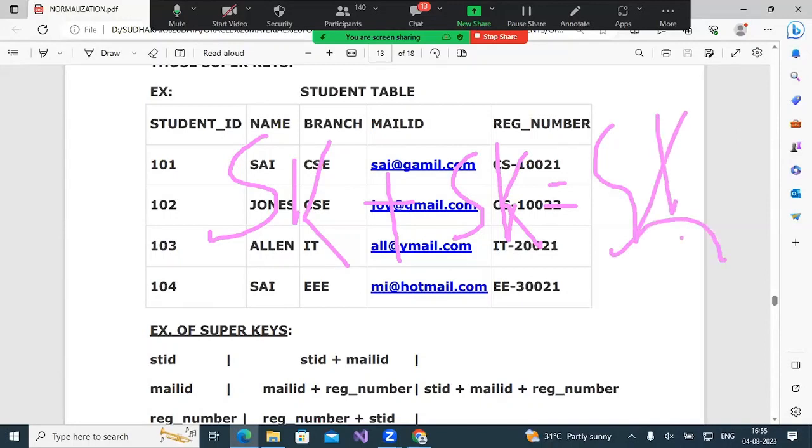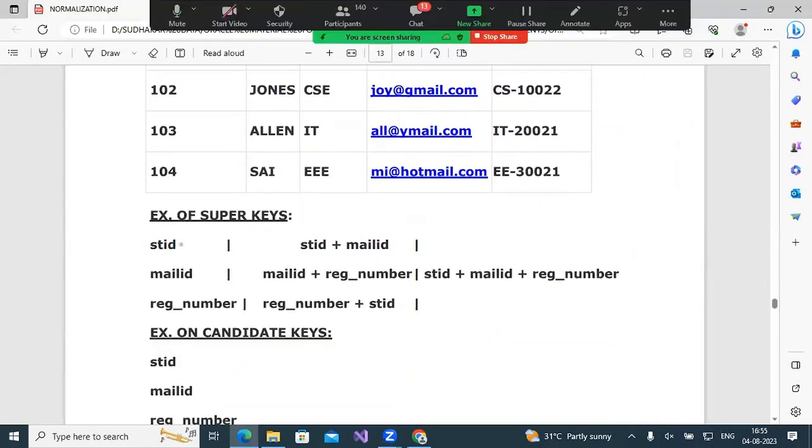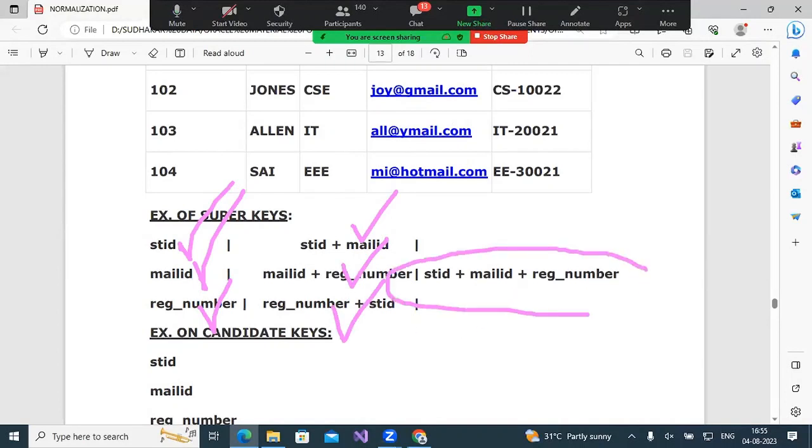That is a rule. Every individual column, student ID, mail ID, registration number, is individually a super key. Any two combination is also a super key, or three combination is also a super key. So super key plus super key plus super key equals super key.